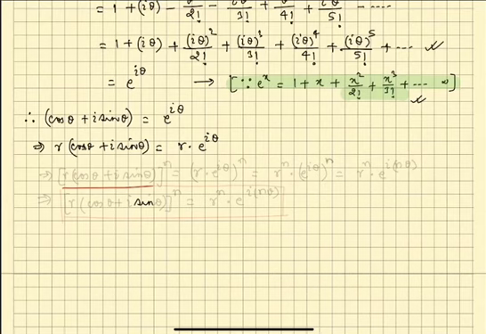And if I raise both sides to the power n, what I am going to find is (r e to the power i theta) whole to the power n, which is r to the power n into (e to the power i theta) whole to the power n, and that can finally be written as r to the power n into e to the power i n theta, right?